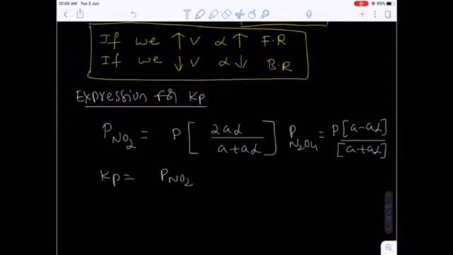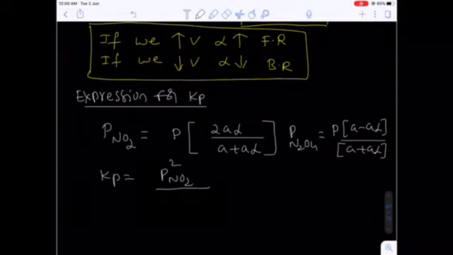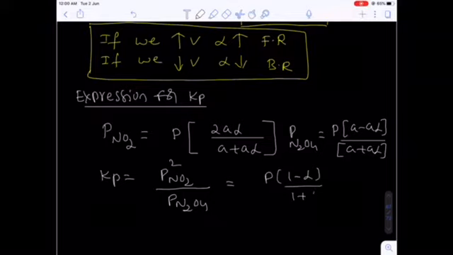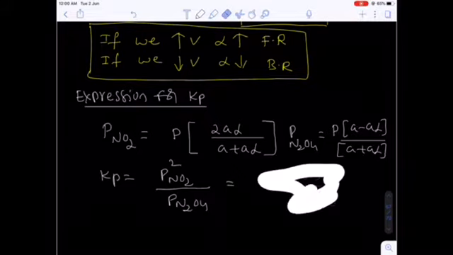Now finally, what is the Kp expression? Partial pressure of NO2 whole square upon partial pressure of N2O4. What is the partial pressure of NO2?